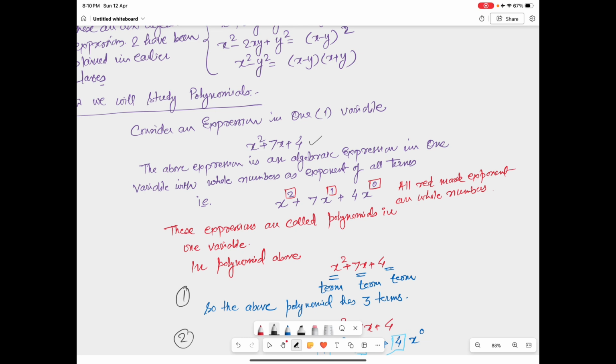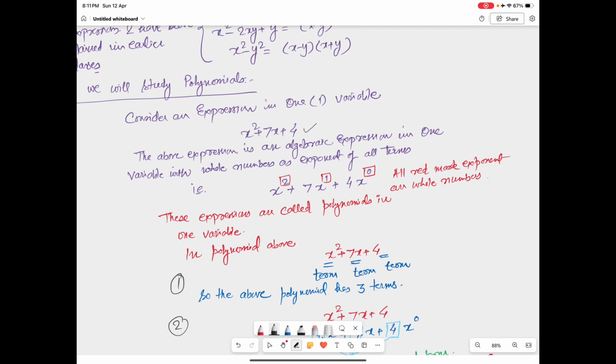Any number or variable to the power 0 is always 1, which you know from your previous classes. Here I have put in the powers 2, 1 and 0. All these are the exponents of the different terms, the red-marked exponents.